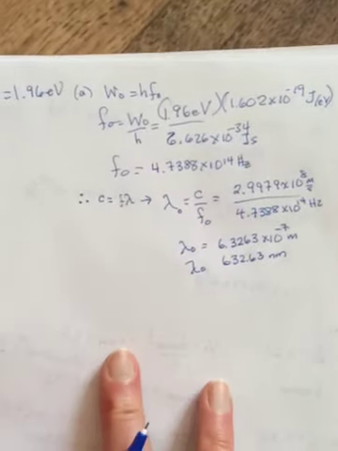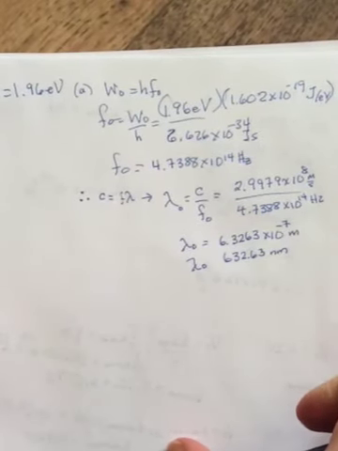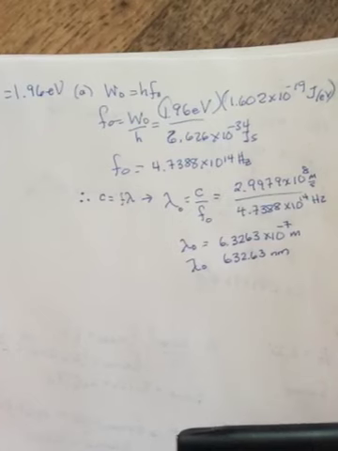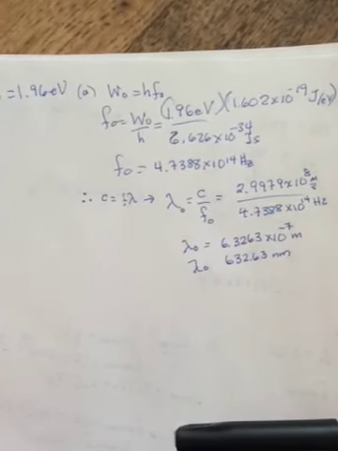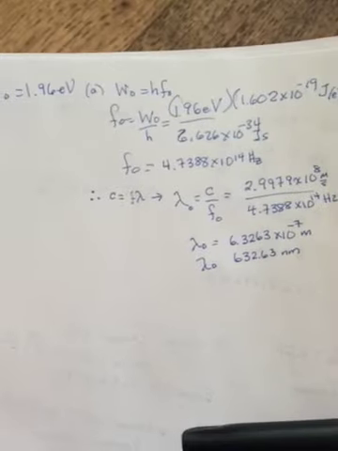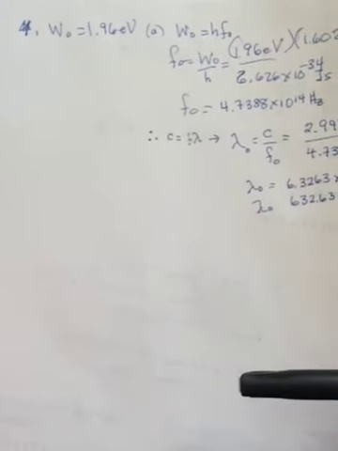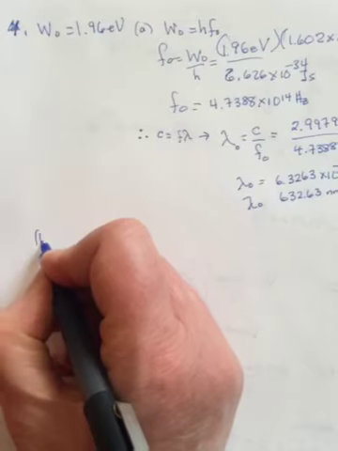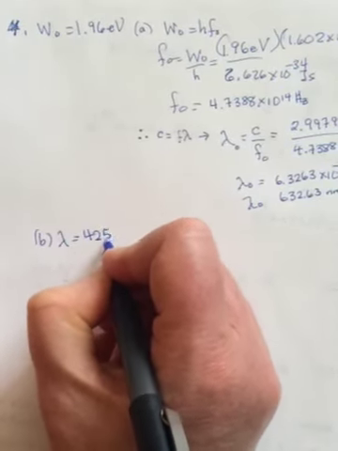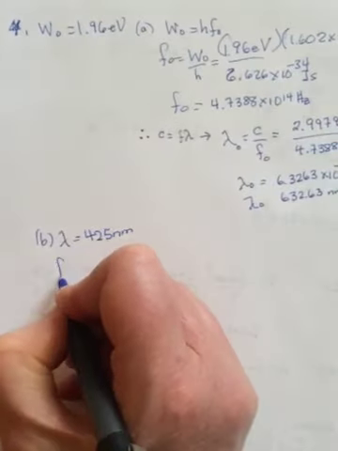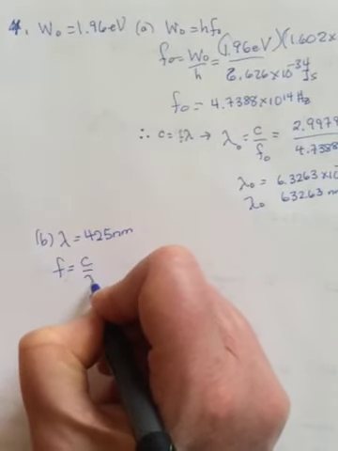So that's part A. Part B says, what is the kinetic energy in electron volts of photoelectrons ejected, so we're looking for EK max, when 425 nanometer violet light falls on the cesium? So for part B, it's telling us lambda is equal to 425 nanometers. So we can get the frequency of that light, right?